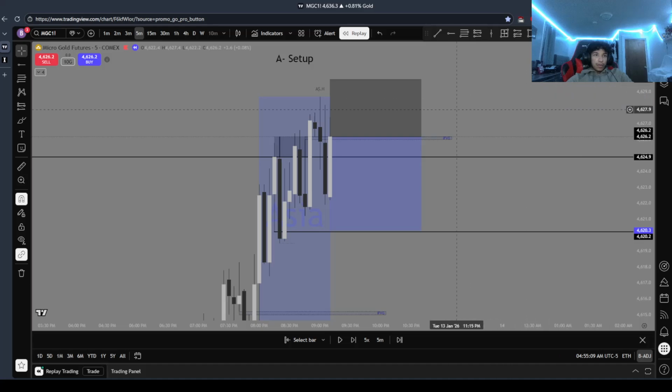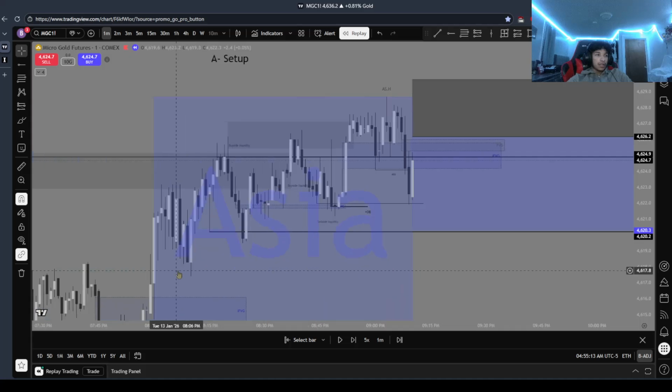And then position is completely reversed. Now I could have still taken that, because we did see a reaction on this low right here. So that could have just been a great exit right there, or move stops to break even again. Because after the first trade, we moved our stops to break even after this low. Got stopped out shortly after.